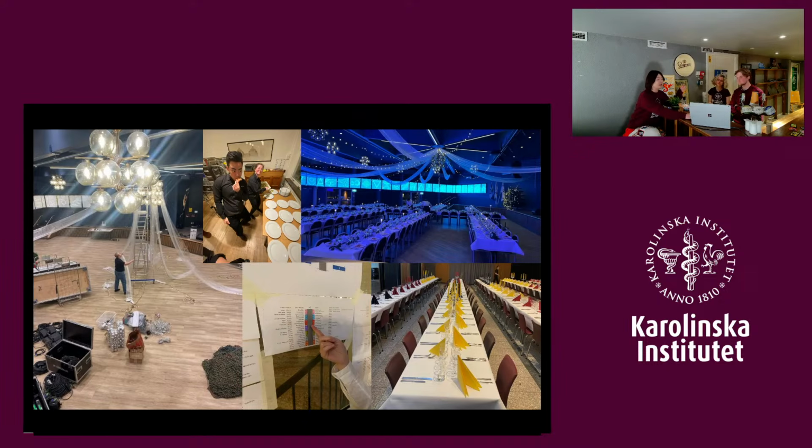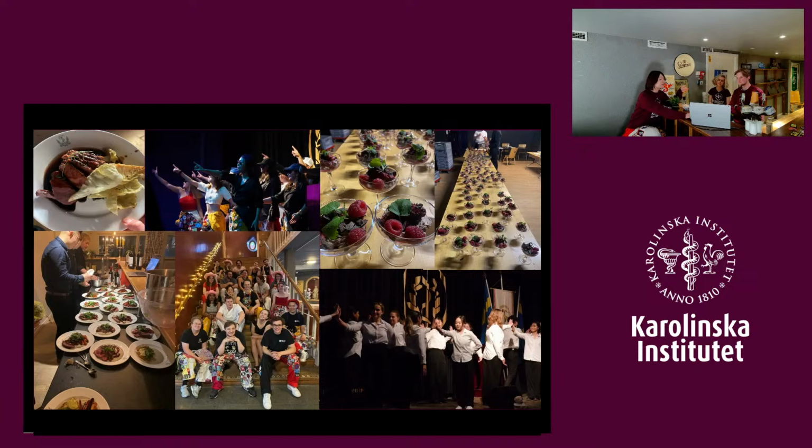On the day itself, we continue with the plating, plating actual food for anywhere between 100 to 500 guests in one night. We do a lot of the waitressing, serving the food, the courses, as well as any beverages that come with it.